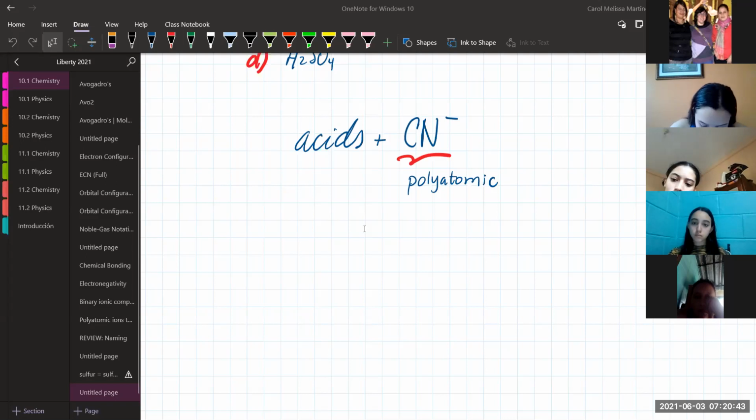So that's why I like Tyler's explanation, because he says we're going to have a naming system for acids without oxygen and for acids with oxygen. So this is a polyatomic ion, yes, but this is without oxygen.